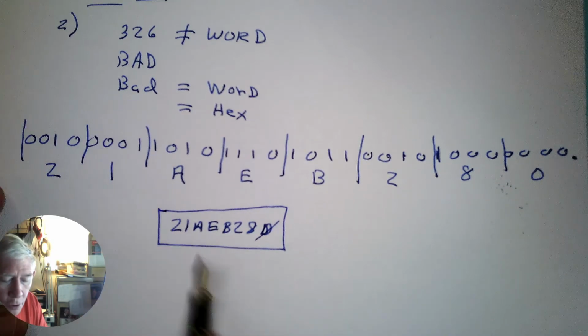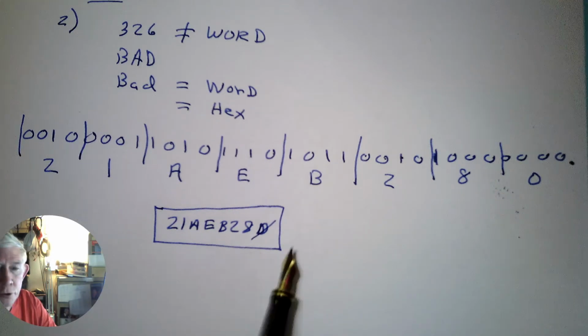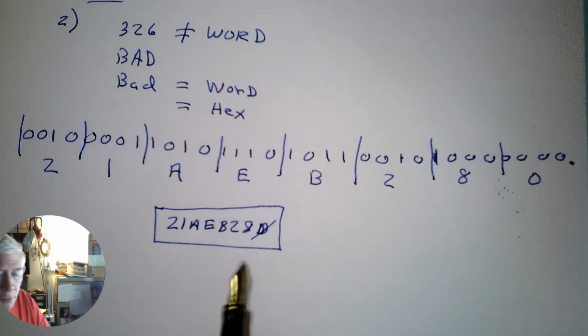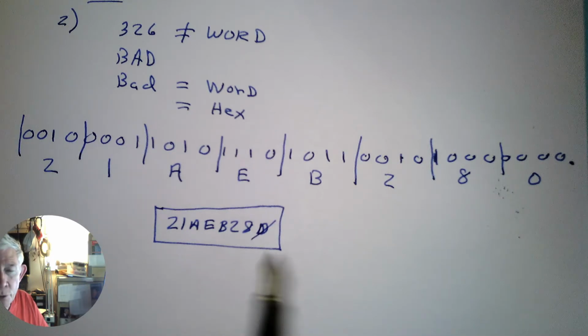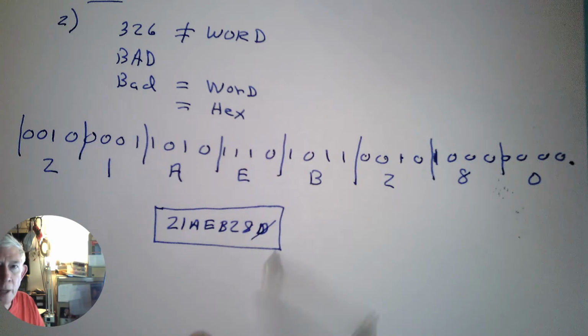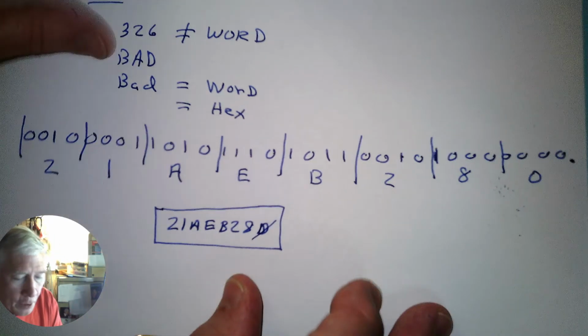When you want to represent these values, we always write them in hex. A 32-bit address, we write in hex. A 16-bit value, we write in hex. An 8-bit value you can write with 2 hex digits, and that's why hex is so important.